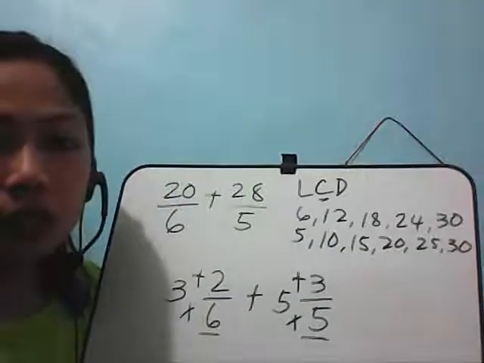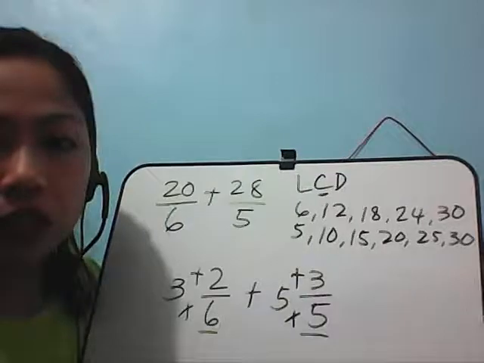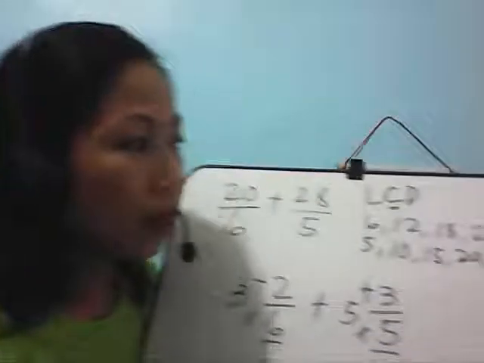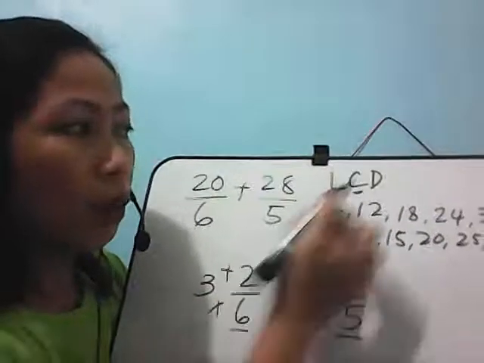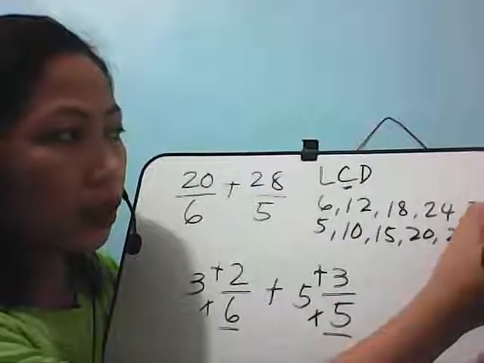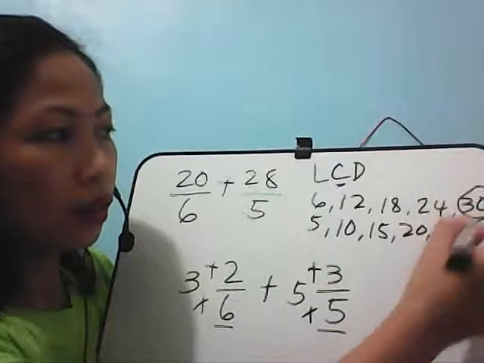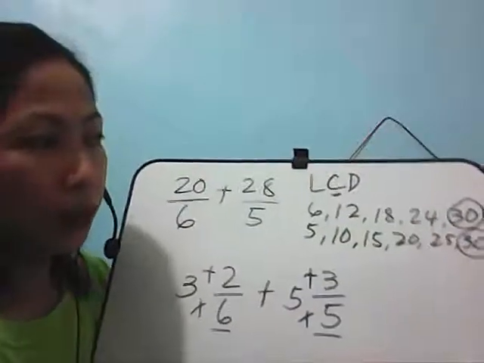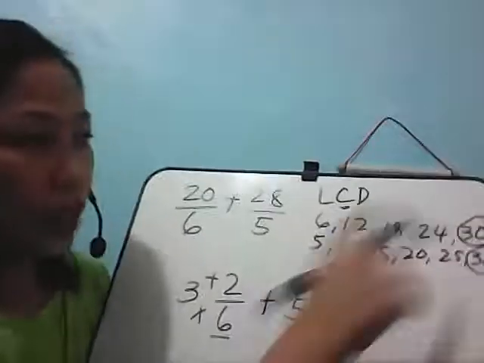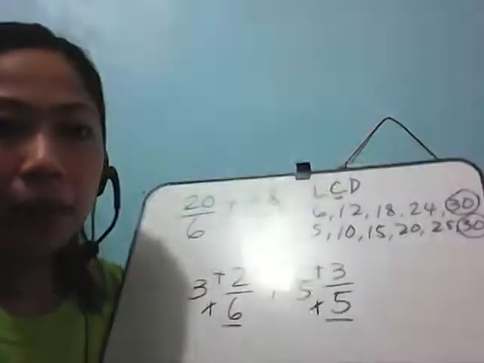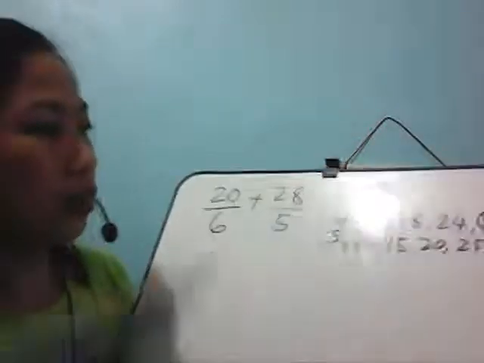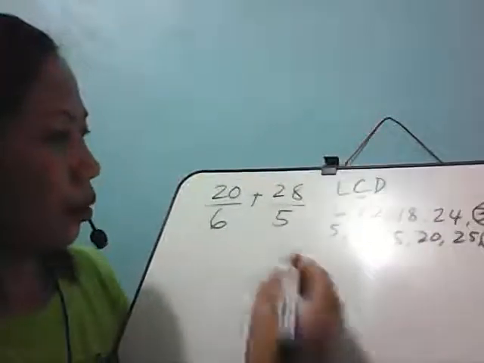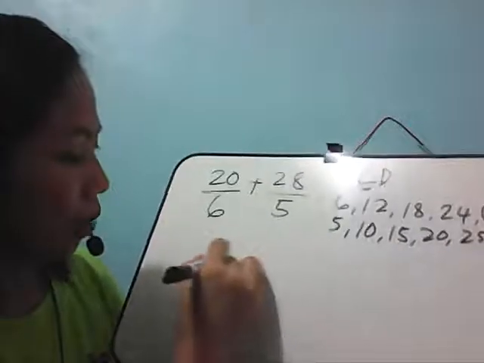So as you can see, their common multiple, not common denominator, sorry, is 30. Magkapareha po. So, yan ang ating gagamitin bilang bagong denominator. Let's erase this. So, 30, yan ang ating bagong denominator.